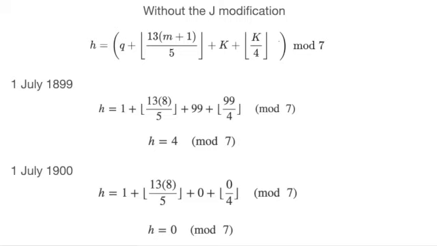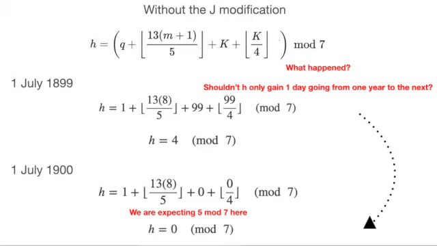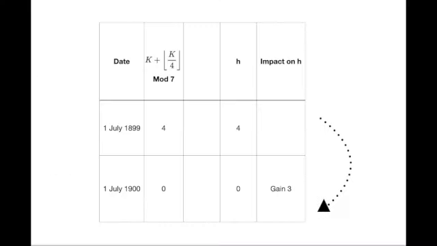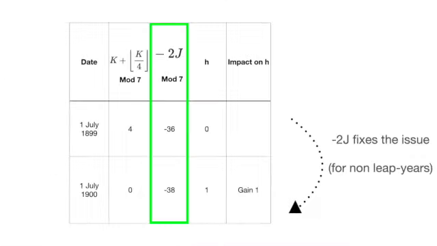With the passage of a year, this portion should have given us an increment of 1 from 4 mod 7 to 5 mod 7, but instead, it now becomes 0 modulo 7, showing a gain of 3 days instead. This is how the minus 2j comes to our rescue. At the turn of the century, j got increased by 1.